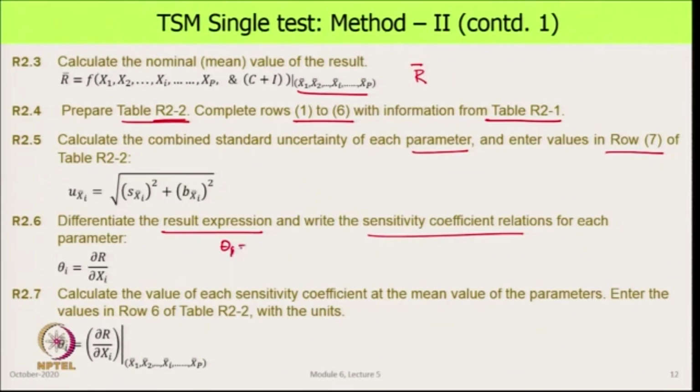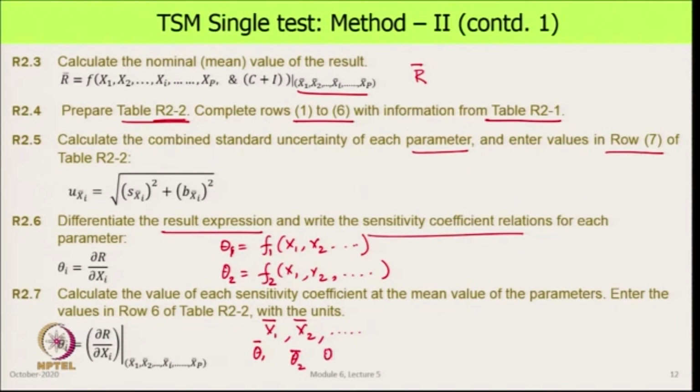So, theta 1 as a function of x1, x2 like that, theta 2 as a function of x1, x2, some other function. So, this is function 1, this is function 2 like that, and we write all these functions. And then in the next step, we take these functions and substitute for x1, x2 and all of that their nominal or the mean values. And from there we calculate theta 1, which we call theta 1 bar, theta 2 bar, theta 3 bar and so on.